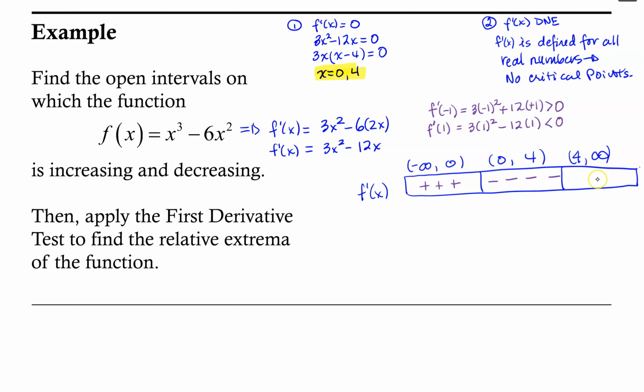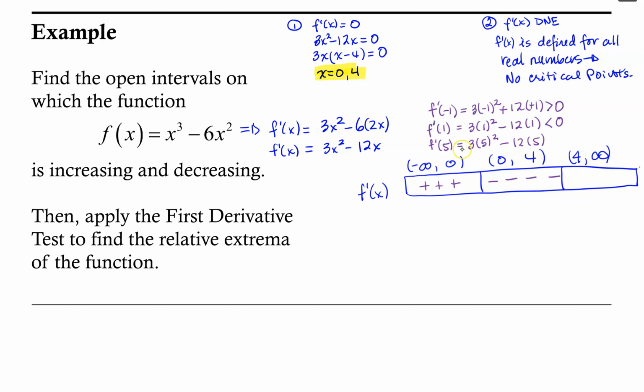Now let's choose a representative number from the interval from 4 to infinity. 5 is a nice number. So let's check f prime at 5. We will have 3 times 5 squared minus 12 times 5. So 5 squared is 25, and 3 times 25 is 75.